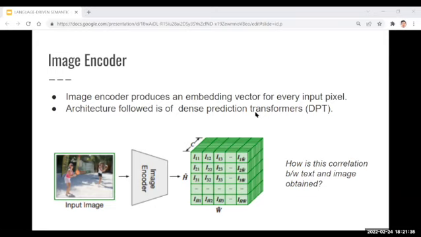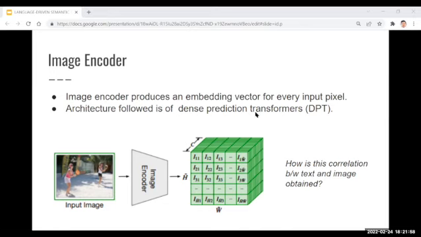The training is done in such a way that it maximizes the correlation between the text embedding and your image pixel embedding. That's the whole idea, how closely you can correlate them.